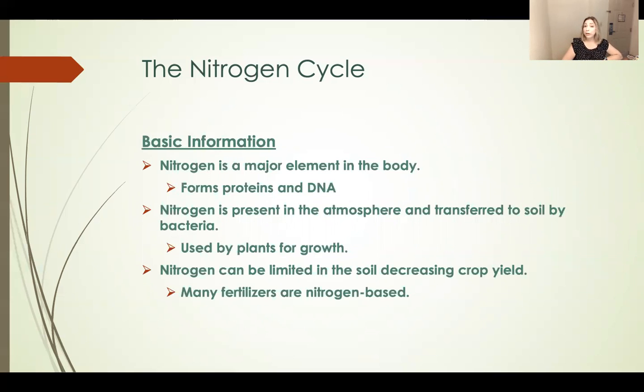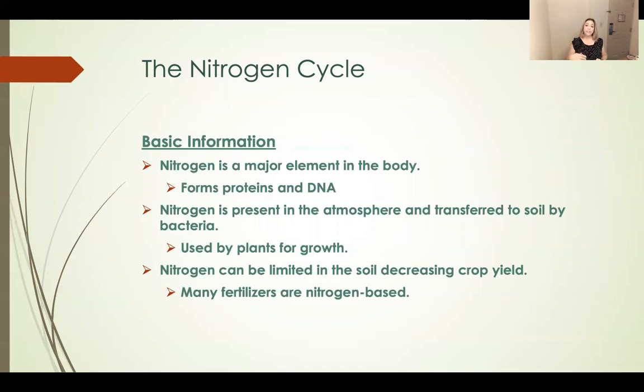So nitrogen, just like carbon and water, is essential for life, right? It's in all living organisms. It's actually a major part of DNA molecules. And as you should know, DNA is like your genetic information that programs everything in your body. It's present in the atmosphere as 2 nitrogen atoms bonded together, N2.